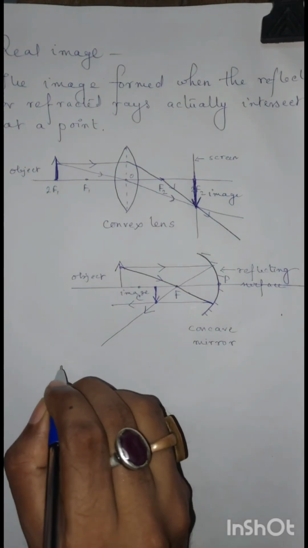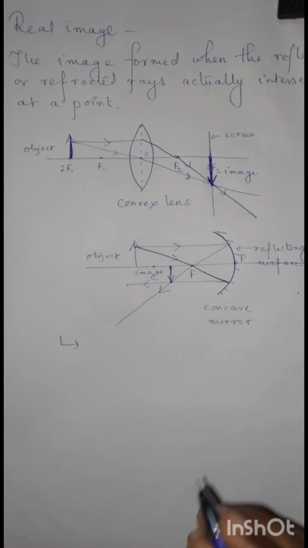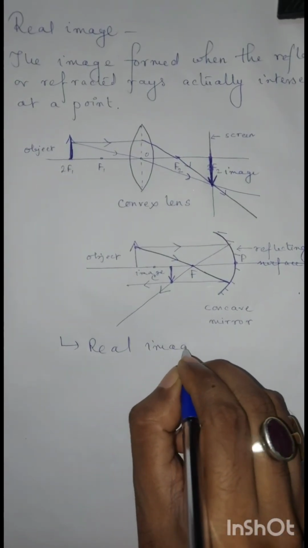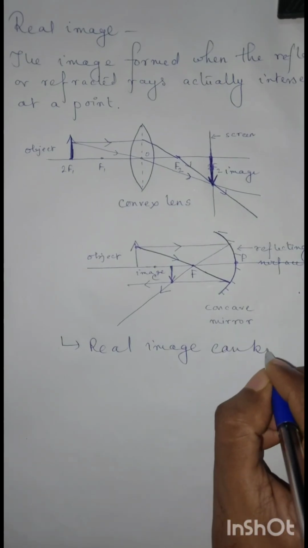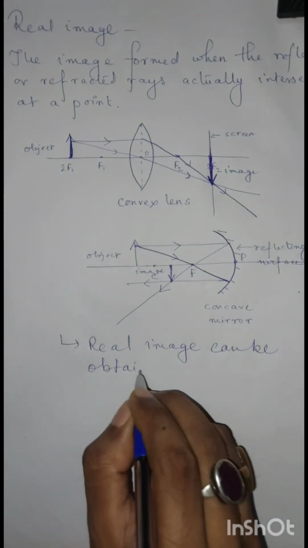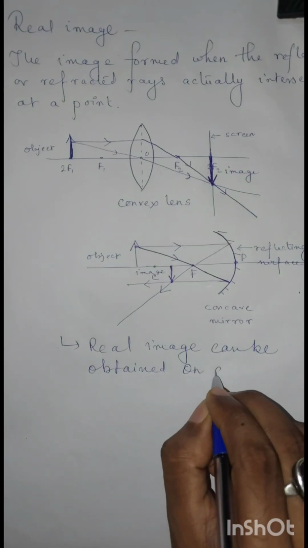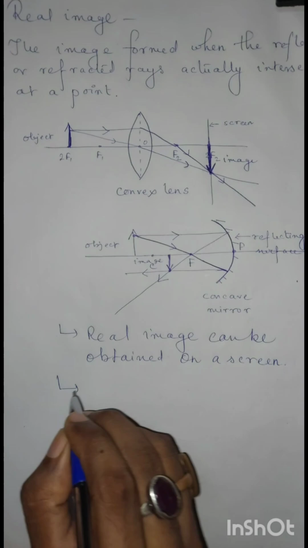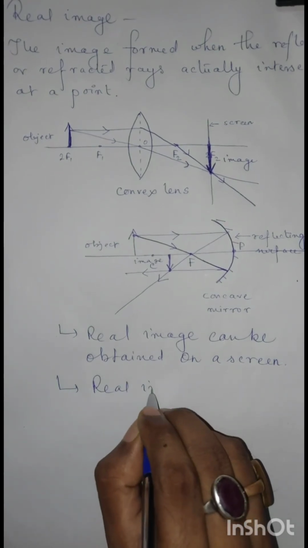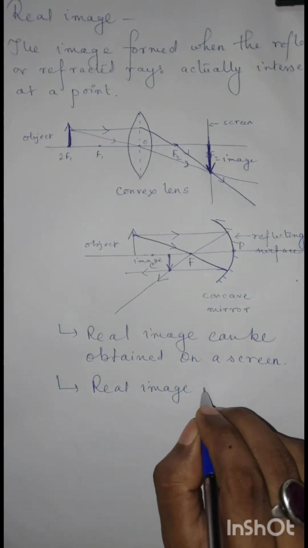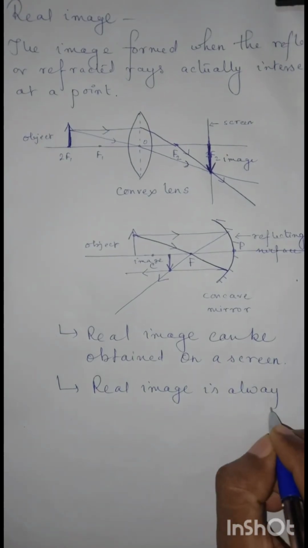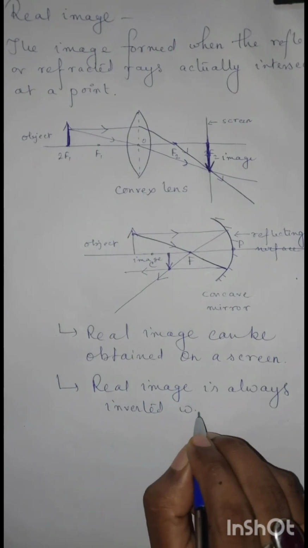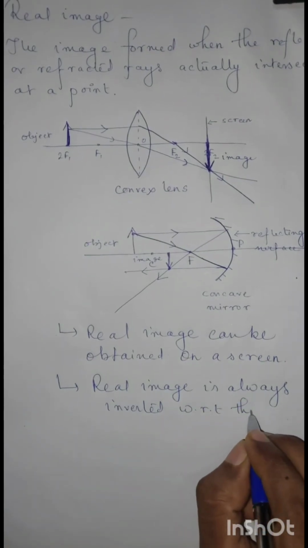Now another point to be remembered is real image can be obtained on a screen, and real image is always inverted with respect to the object.